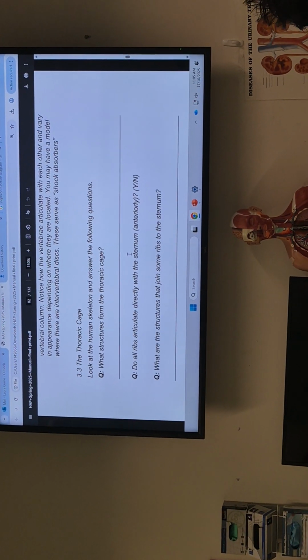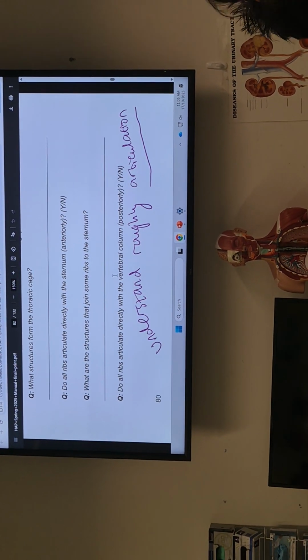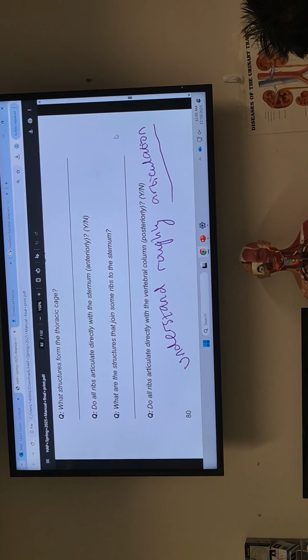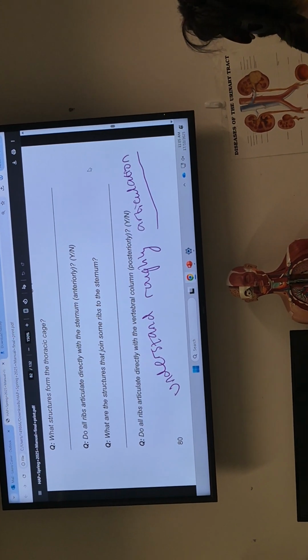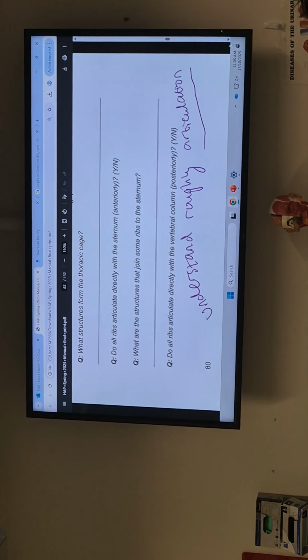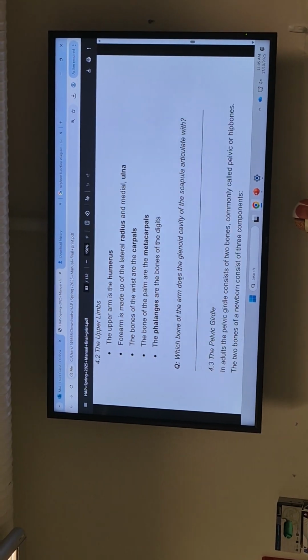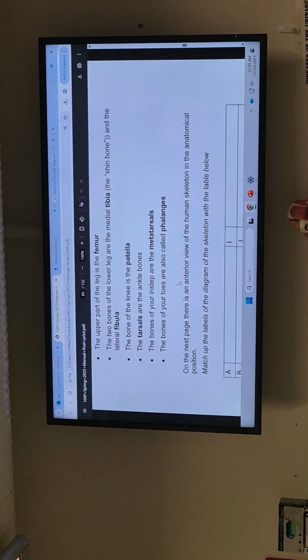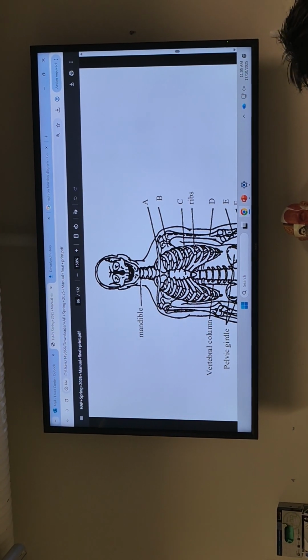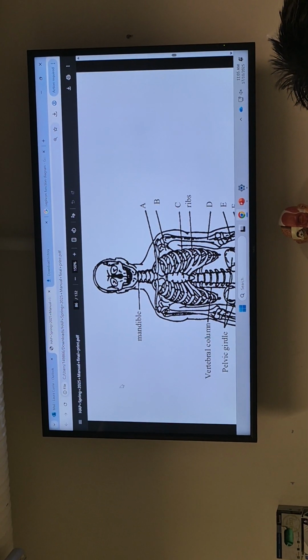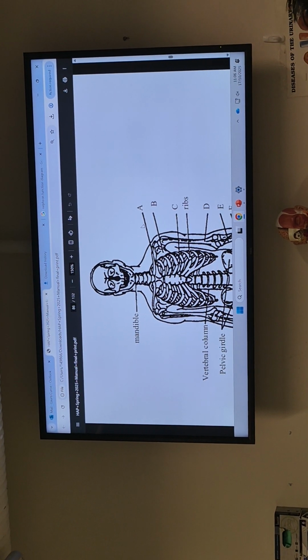For this question, it is talking about articulation. This is going to be the more important part of bones, I reckon. With bones, if you go down to your books, you will see that skeleton model, right? The skeleton model has all of the general skeleton parts that you need to know.